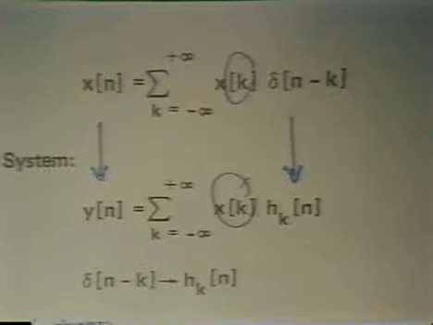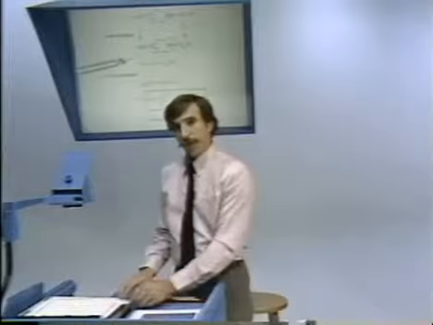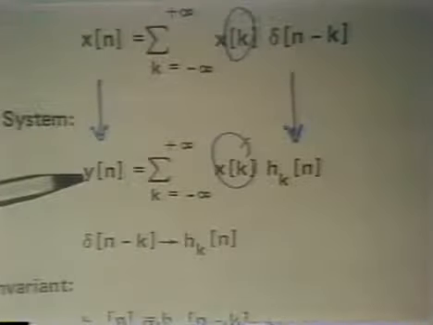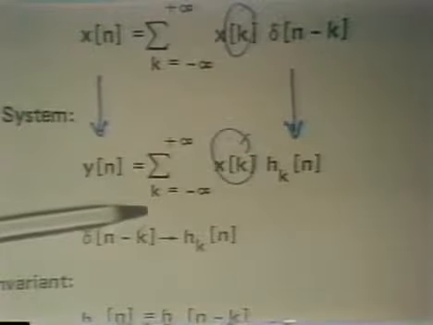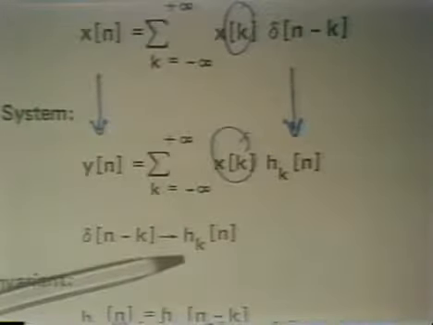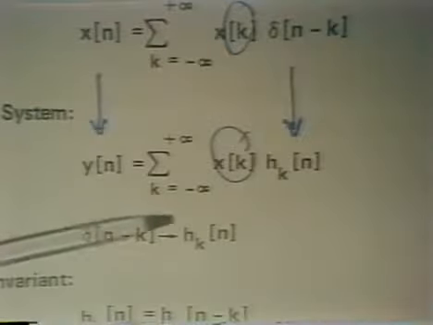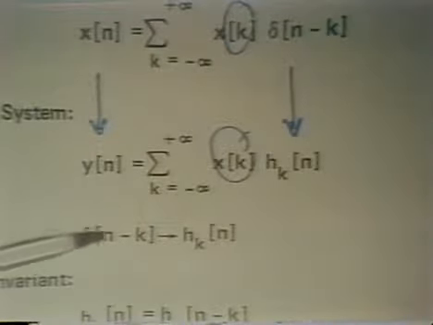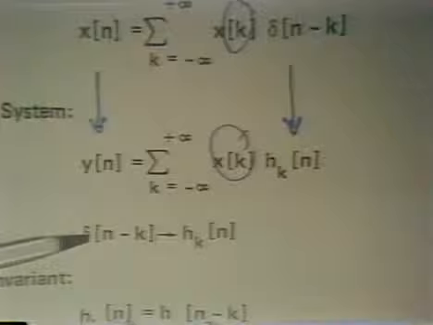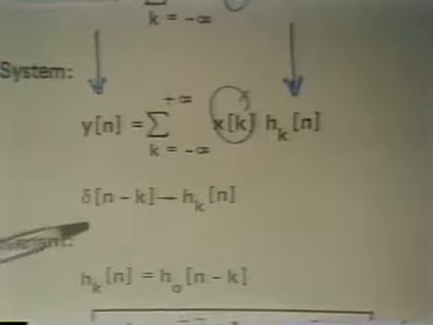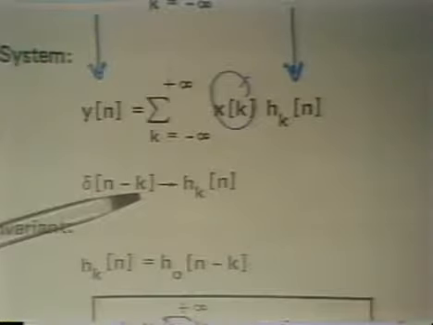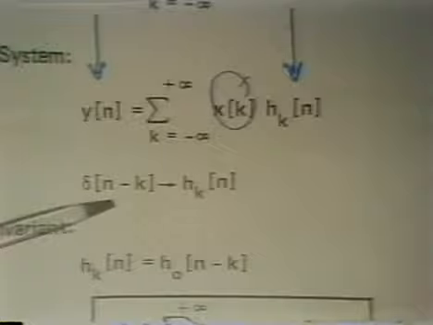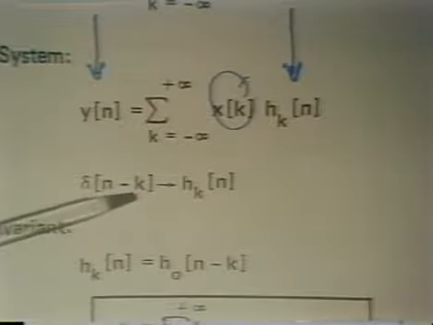So for a linear system, we have this representation, and if now in addition the system is time invariant, we can in fact relate the outputs due to these individual delayed impulses. Specifically, if the system is time invariant, then the response to an impulse at time k is exactly the same as the response to an impulse at time 0 shifted over to time k.